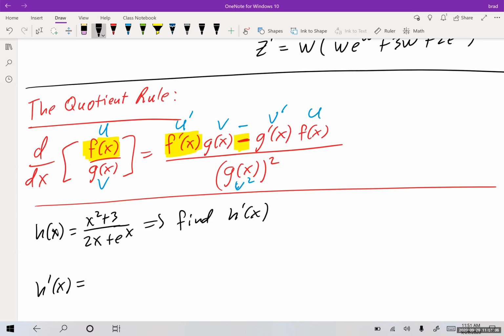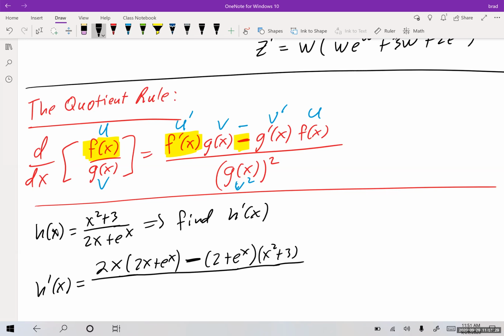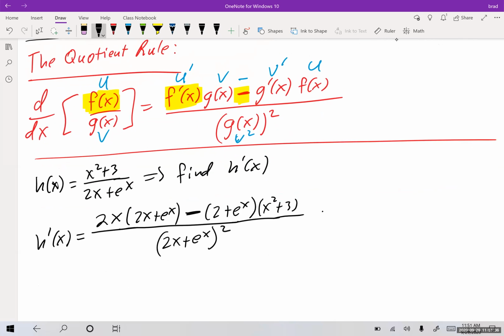So if we take the derivative of the numerator, x squared plus 3, that would just be 2x, okay? Then it says I have to rewrite the denominator. Then it says subtract g prime of x, so that's the derivative of the denominator, which would be 2 plus e to the x. Then it says rewrite the numerator, which is x squared plus 3. And then we divide it by the denominator squared, okay? So now, as you can see, there's probably going to be a little bit of cleanup here.